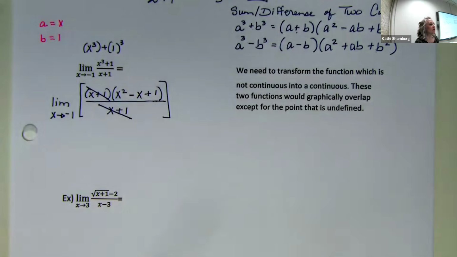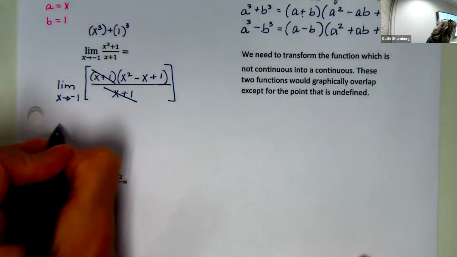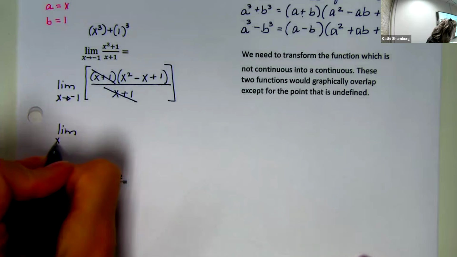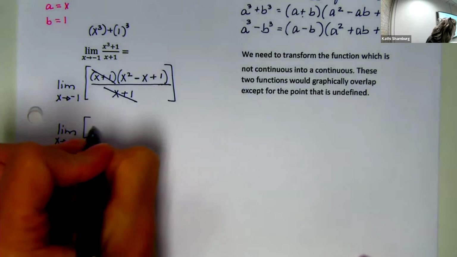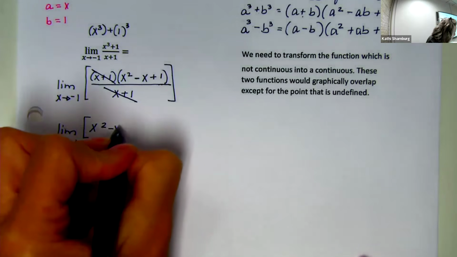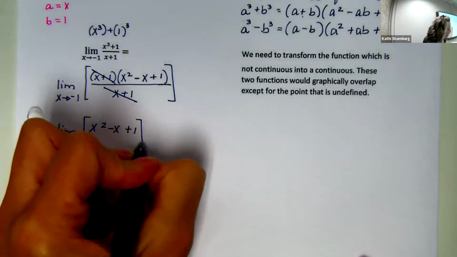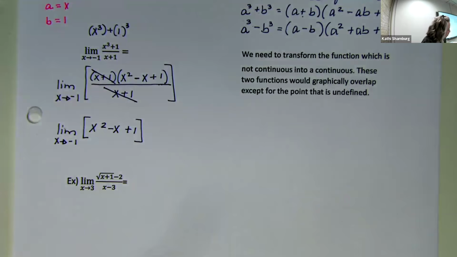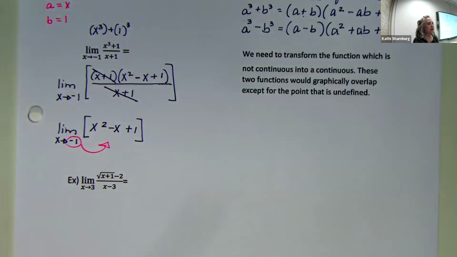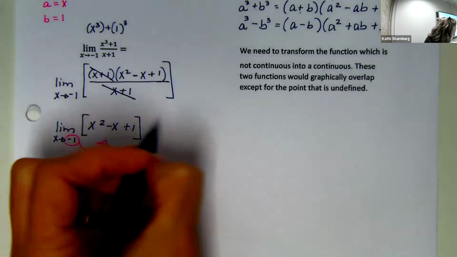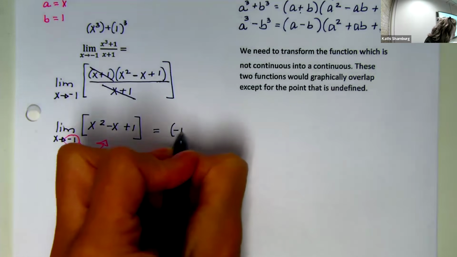It's just been removed. So now we have the limit as x approaches -1. I've removed my hole and I'm left with x squared minus x plus 1, which means now when I do direct substitution, I do not get a denominator of 0. So I'm going to drop my limit notation.